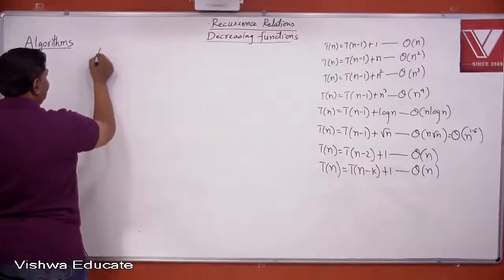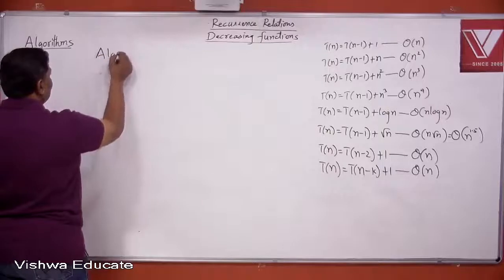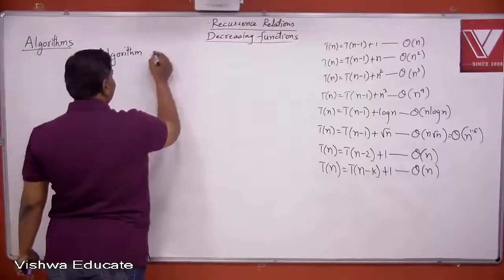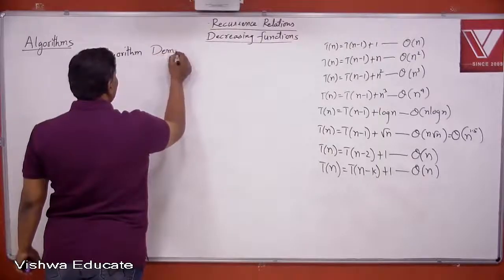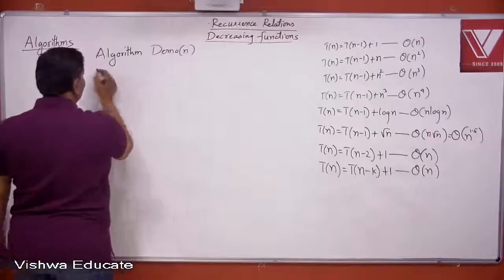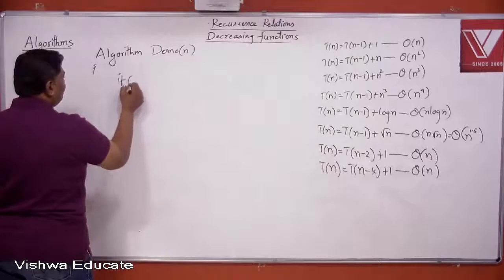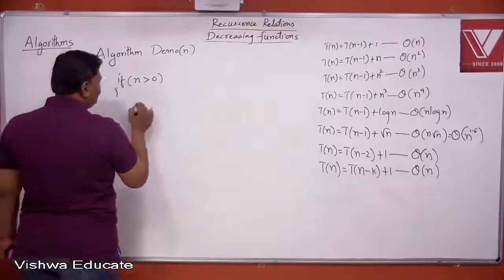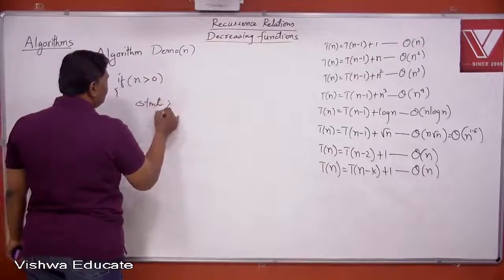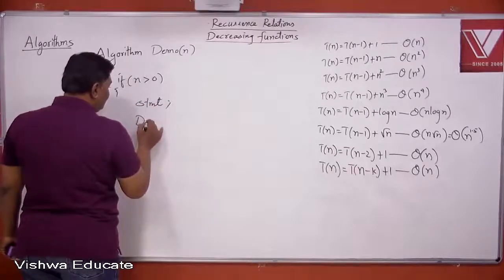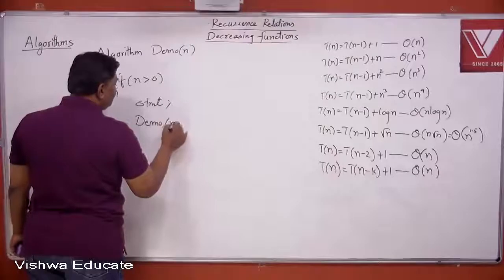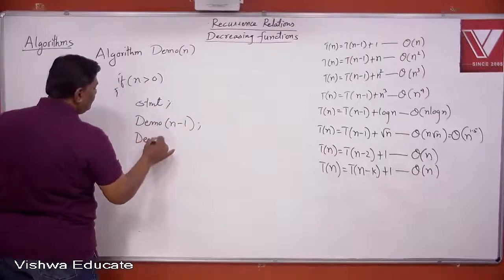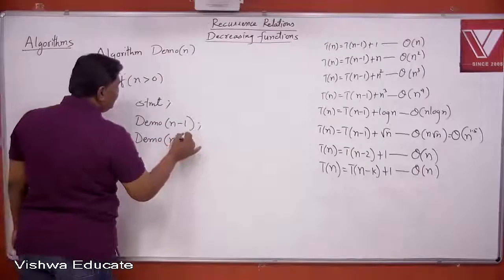Now, next algorithm, demo(n). If n is greater than 0, some statement, then call demo for n minus 1, then call demo for n minus 1.